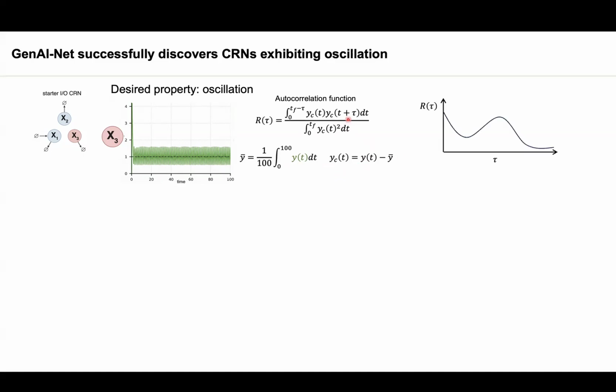Then, if we calculate this autocorrelation function, we have this kind of curve depending on the time lag. The autocorrelation function is the correlation between the original curve and some delayed curve.